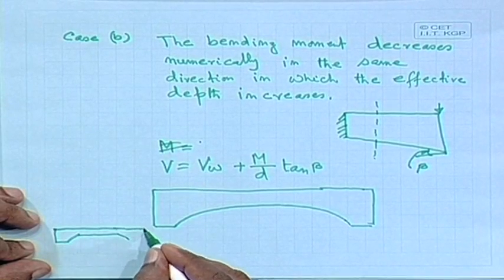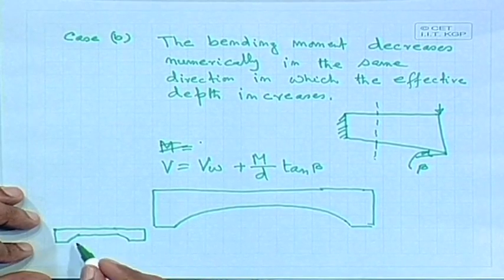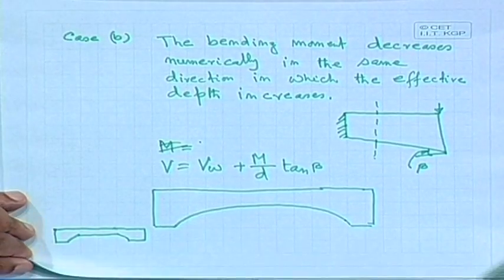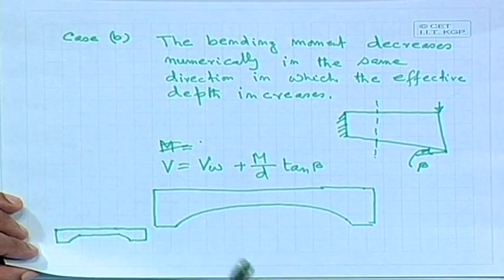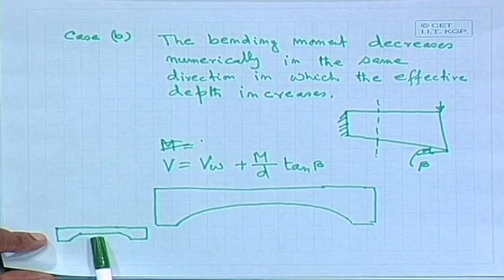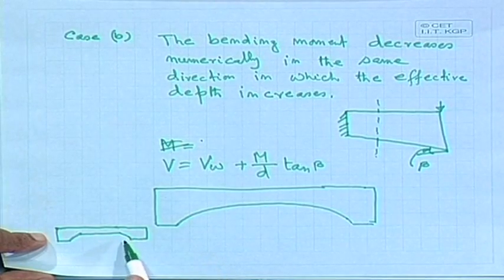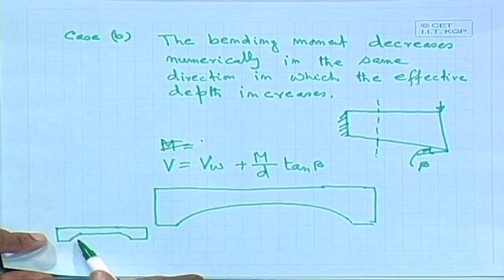Sometimes we provide the reinforcement and depth near the support more. Possibly in a few halls you will find the beams given in this fashion. That means near the support you get more depth, whereas in the middle you get less, because it is shear dominated.